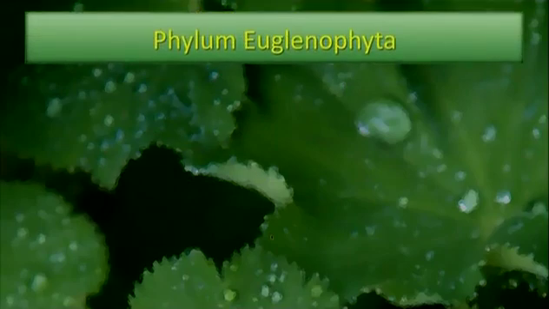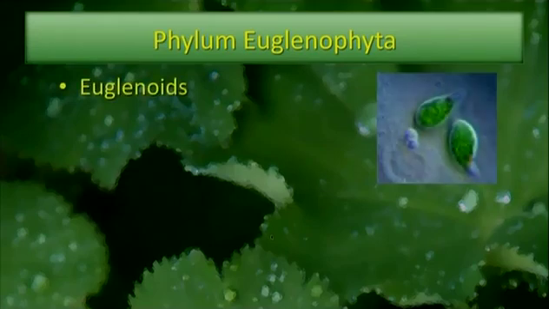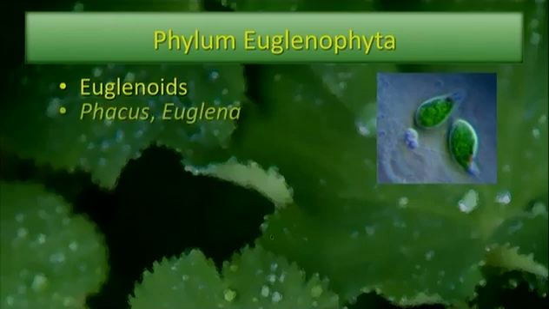Now we turn our attention back to our survey of the phyla of protists, and we have the phylum Euglenophyta. These are the euglenoids, of about 750 species. We have Phacus, and this looks like Phacus. See the red eye spot. And Euglena.